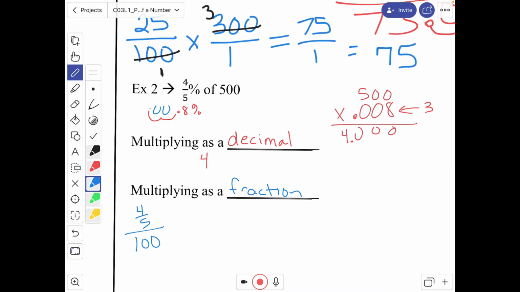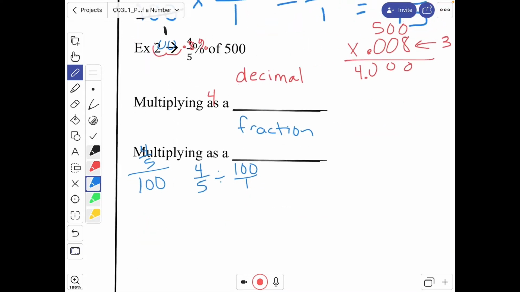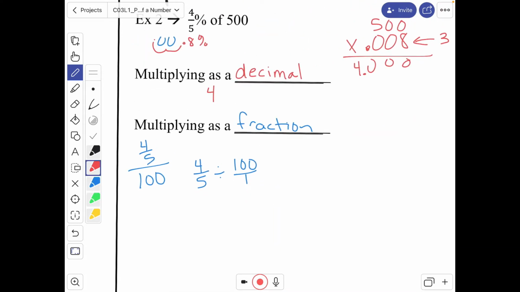We might need to fix that before we try to do anything else. 4/5 over 100 is really 4/5 divided by 100. And we would need to do our rules for dividing fractions, which would be keep, change, flip. So we keep the 4/5, we change division to multiplication, and then we flip.